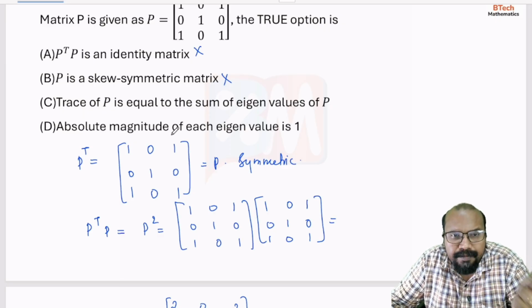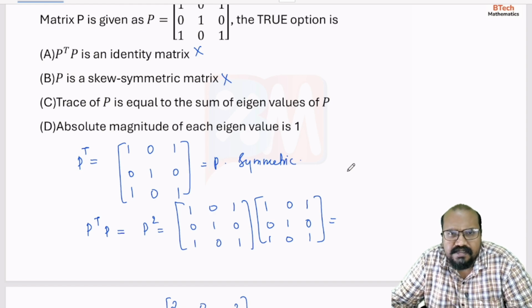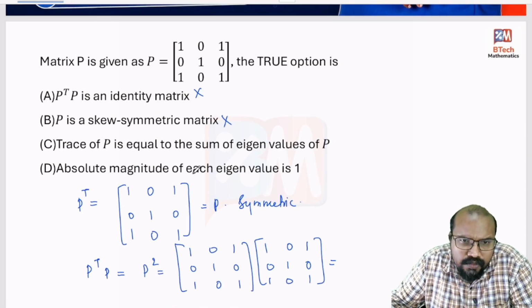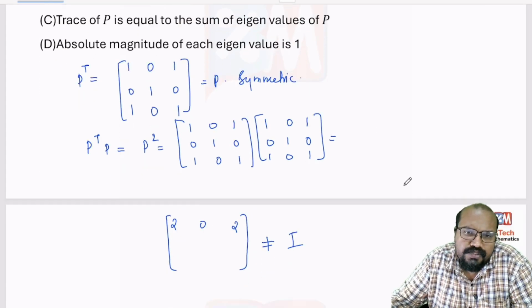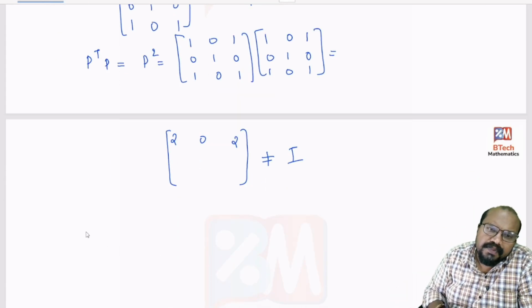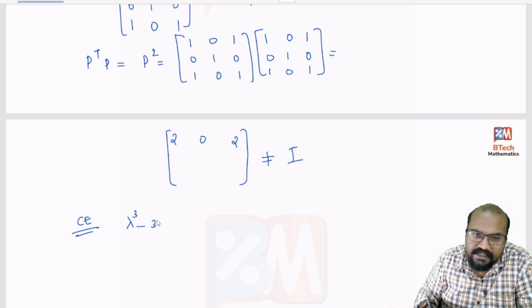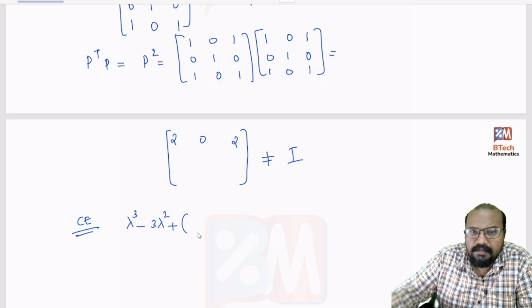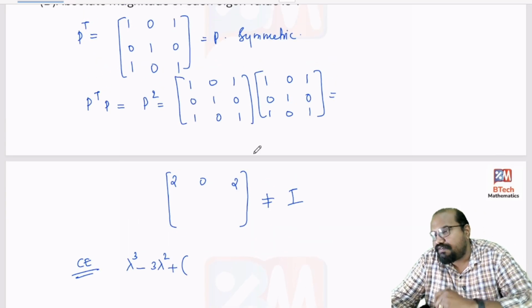And the trace of P is equal to the sum of eigenvalues. Obviously it is satisfied for square matrices. And the absolute magnitude of each eigenvalue is 1. That we also want to check. For that, we will write the characteristic equation for this matrix. Lambda cube minus trace of the matrix, which is 3, into lambda square, plus minor of a11, minor of a22, minor of a33.